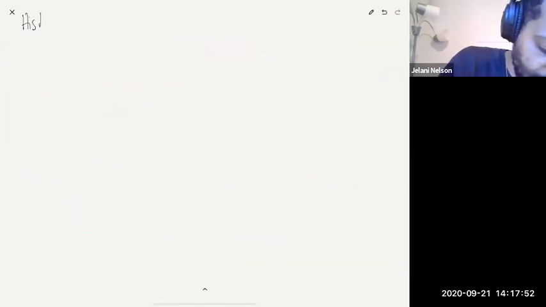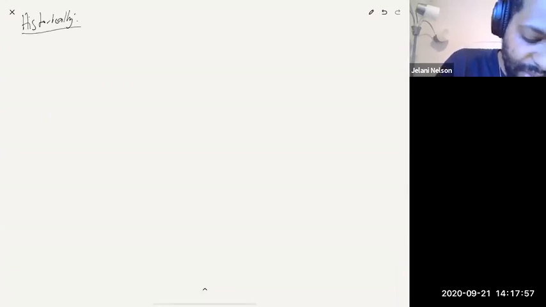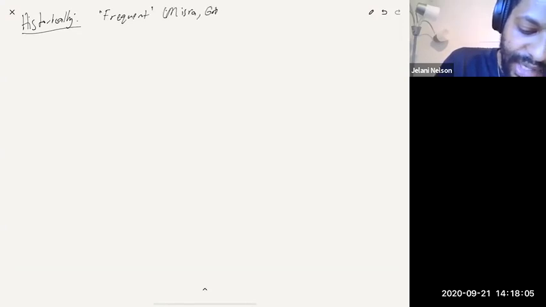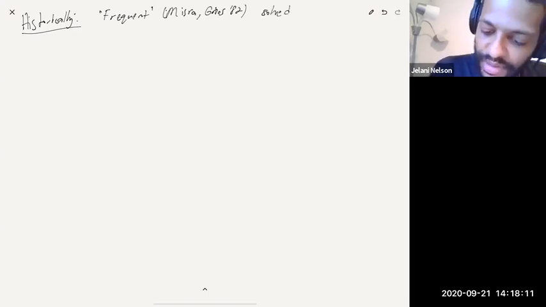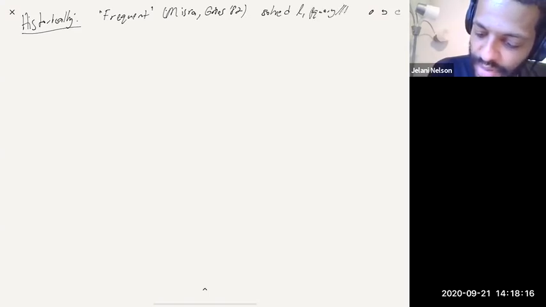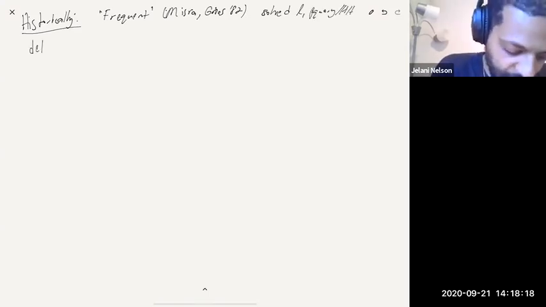So first of all, historically, there's an algorithm called the frequent algorithm that was invented by Misra and Gries in 1982, I think. It solved L1 point query and also heavy hitters deterministically.